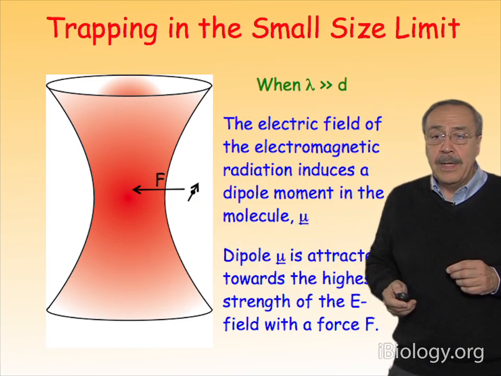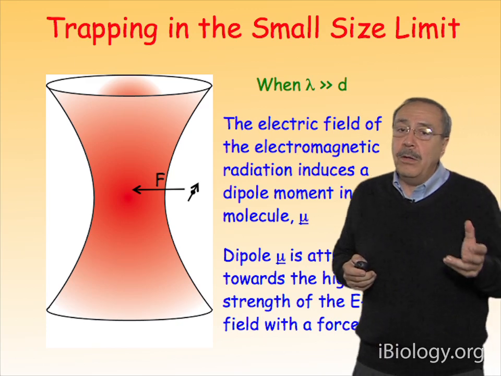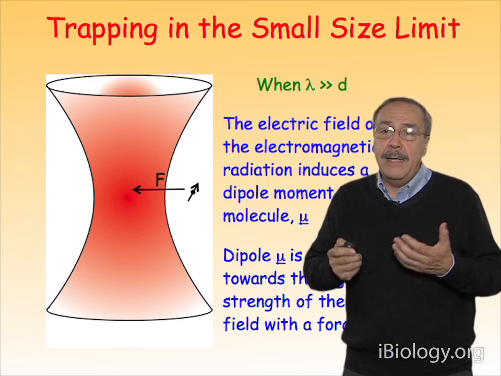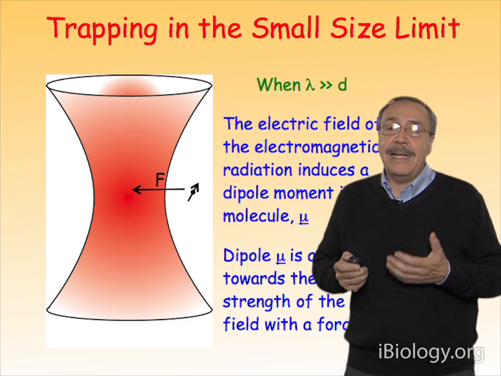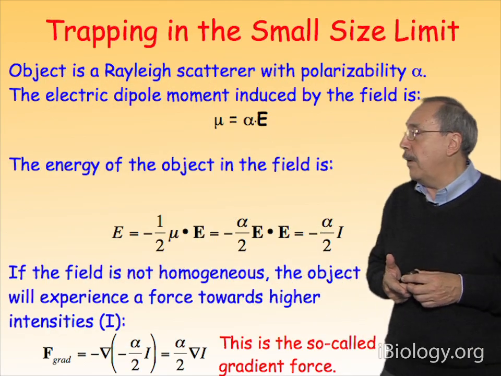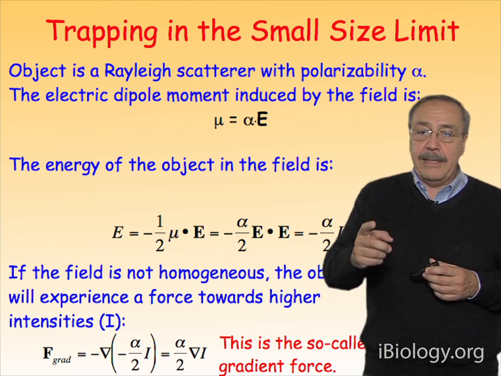Okay, so you see that in the small size limit, therefore, we can explain the trapping of objects by light simply as the coupling between an electric dipole moment, which is induced by the electric field of the light, as indicated here, right?